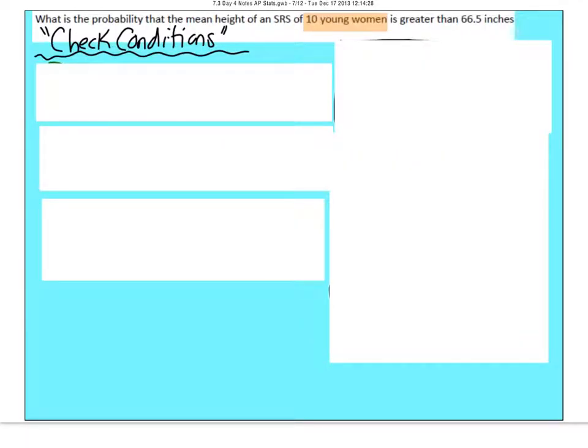Here's the difference between Chapter 2 and Chapter 7. It's this question here. What is the probability that the mean height of an SRS of 10 young women is greater than 66.5? So notice the difference. Before I do this, I actually need to now check the conditions to get the new mean and standard deviation. So to check the conditions, the first is random.